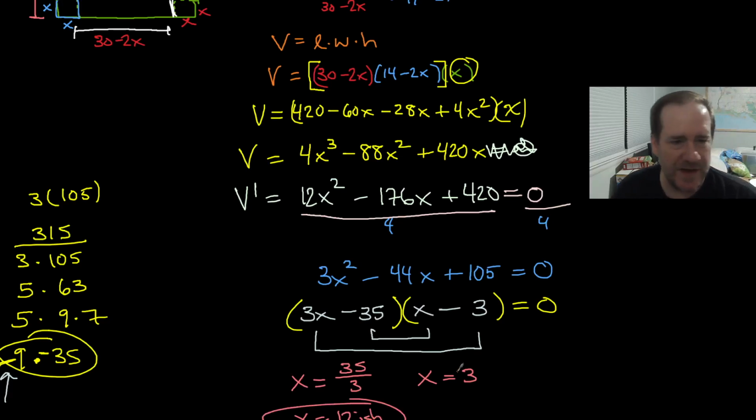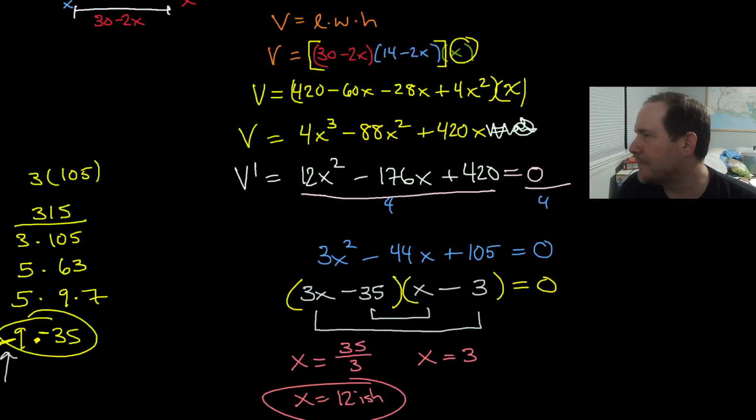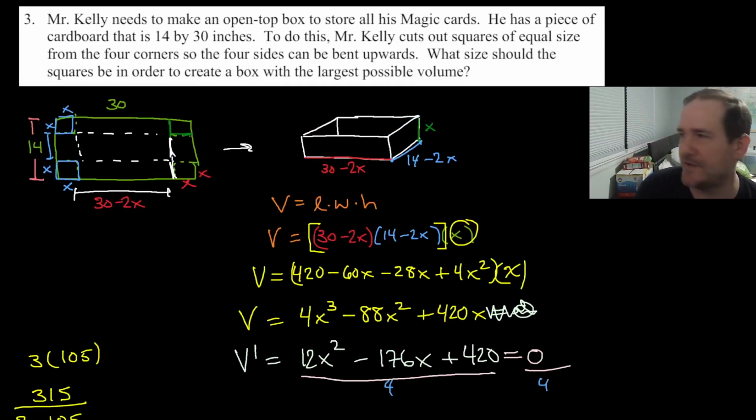But don't forget what we're doing here, right? We're trying to make a little brownie pan thing. And if one of the squares I'm trying to cut out has sides of like 12-ish, don't forget the size of the paper that we started with was only 14. So you can't cut out a big 12-inch square and then another big old 12-inch square.